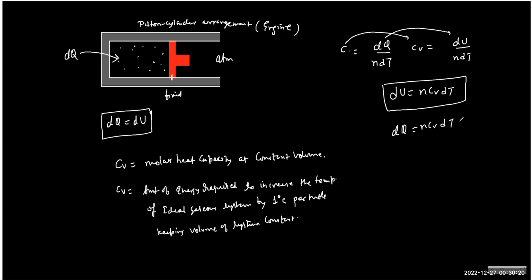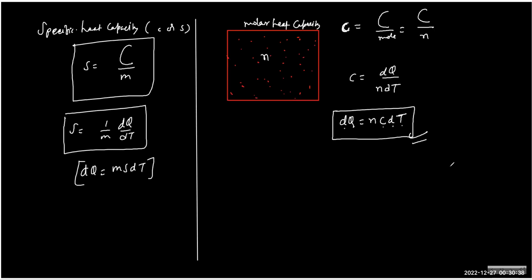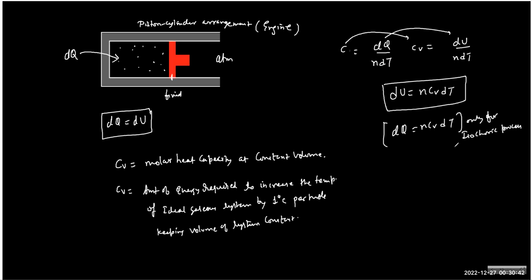This we can say only for a constant volume, isochoric process, right? So if the process is not isochoric, this is not valid. But this is always valid: dq equals nc dt. This is always true. So this is the process-driven answer, and that's why this answer is always true. Why?